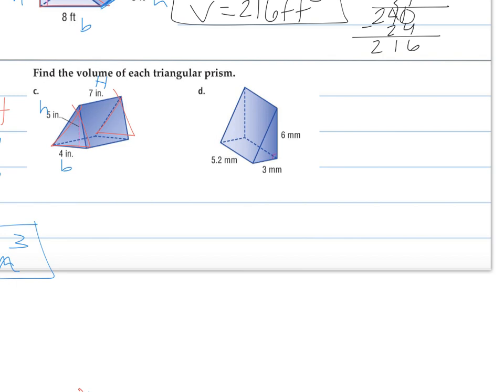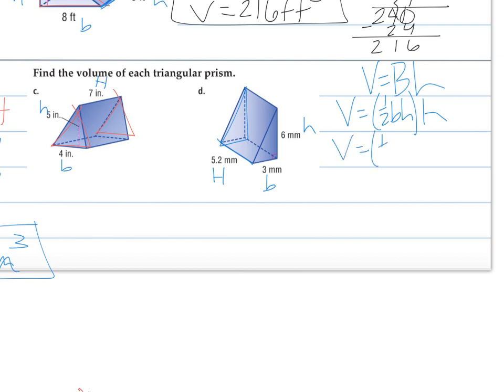So you would have had your base of 3, height of 6, height from base to base of 5.2. So I'm going to whip through this one, writing my formula per usual, replacing that formula with the base area formula I'd like to use, replacing those values with the values from the given shape, and then working through it.